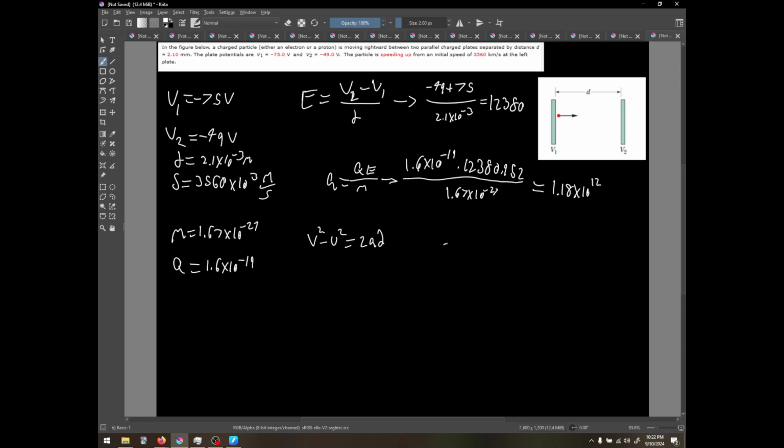So 2 times 1.18 times 10 to the 12th times 2.1 times 10 to the negative third, all over v, or u squared, where u is speed.